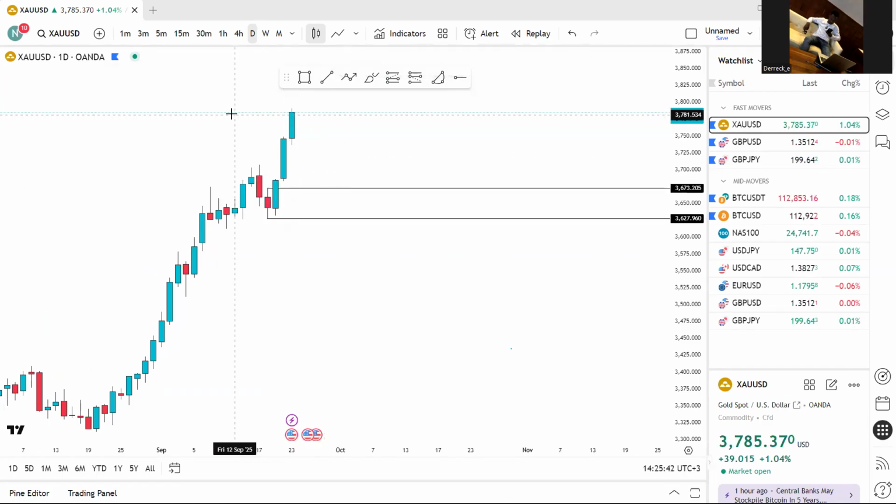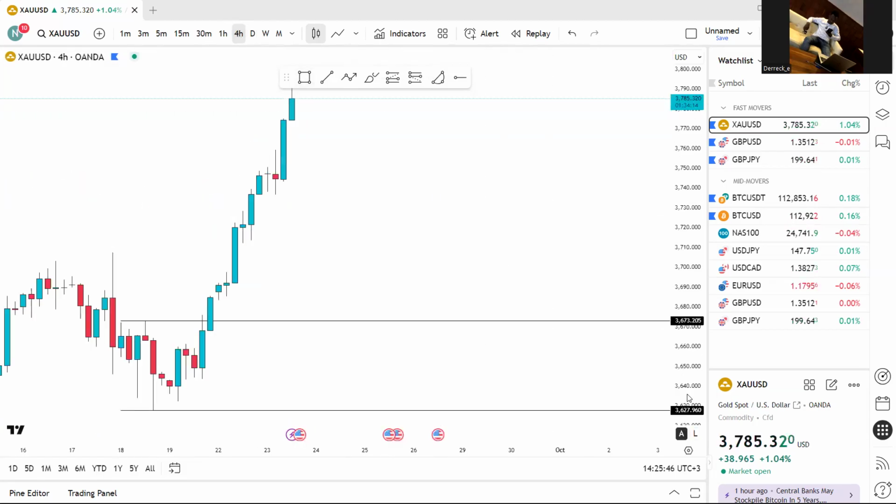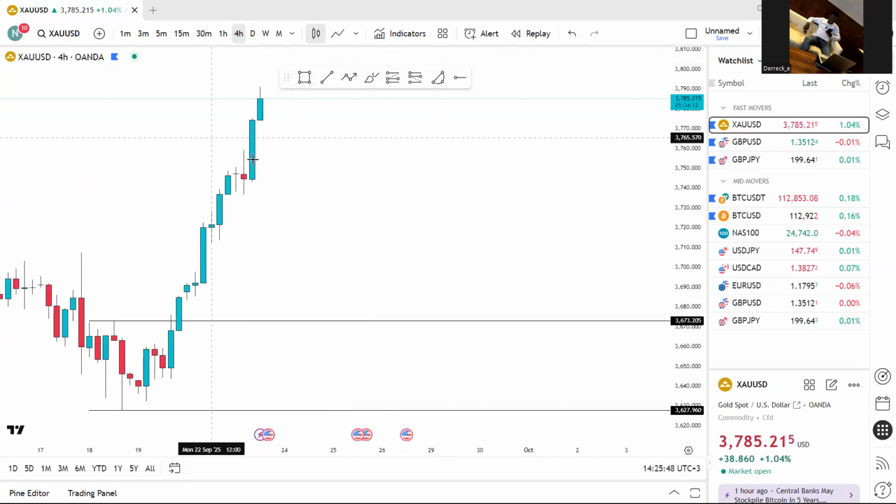I will just be waiting for gold inside here. Simple. As gold gives me the changes, boom, gold is dead, because there's nothing going to hold me here.